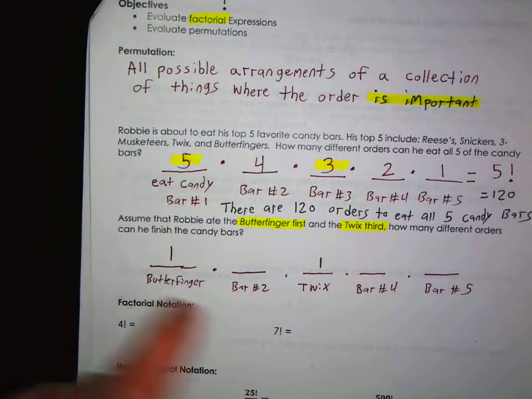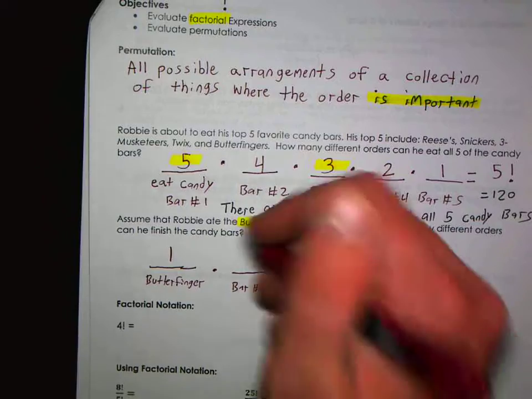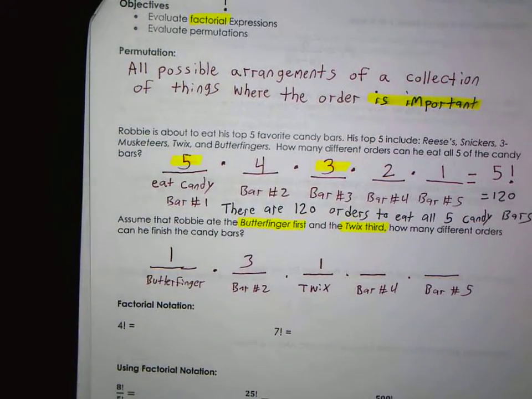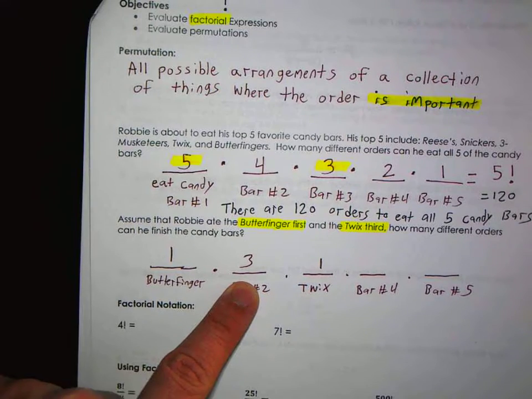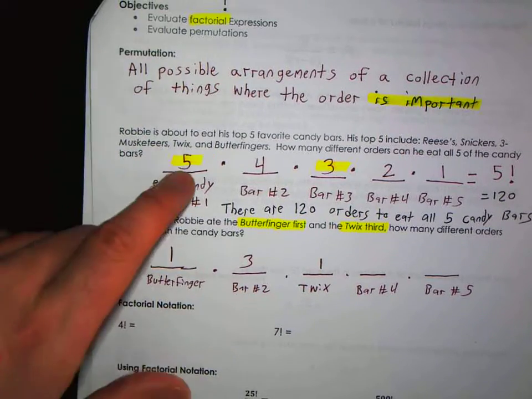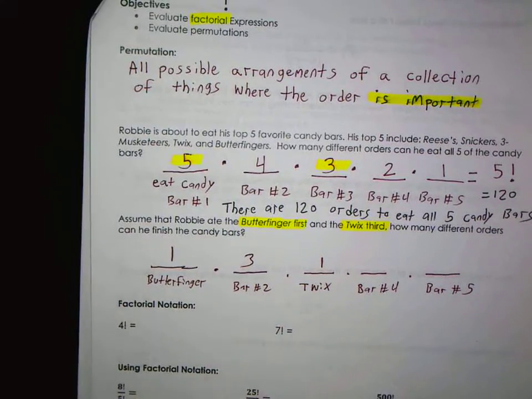The Butterfinger and the Twix, the other candy bars. So there's only 3 combinations to go there. Those 3 could be, it could be a Reese's, it could be a Snickers, it could be a 3 Musketeers, but it cannot be a Twix, it cannot be a Butterfinger, because we know where those were eaten.